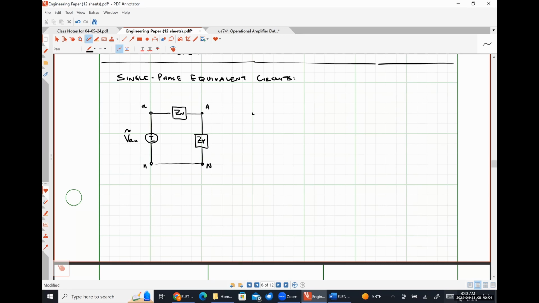We could do the same thing over here for the B phase. It's entirely unnecessary. But if we were given information on the B phase as opposed to the A phase, I guess it could have its uses.